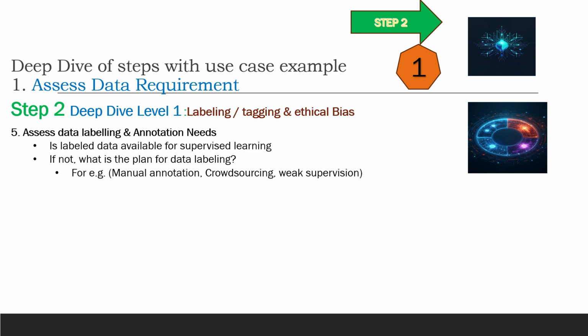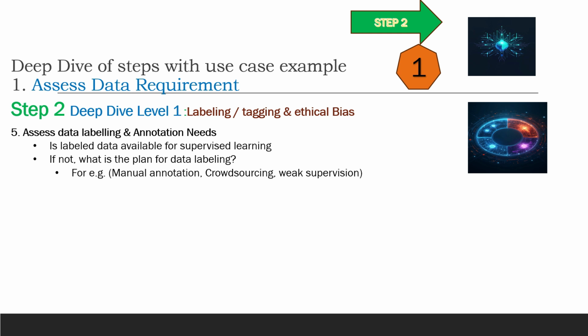And third option, if you don't have the time and money to do any of this, then weak supervision. So basically, you would have a lower accuracy model with weak supervision because you couldn't give enough labeled images to your model. So probably you have a computer vision based model which would not be very accurate.